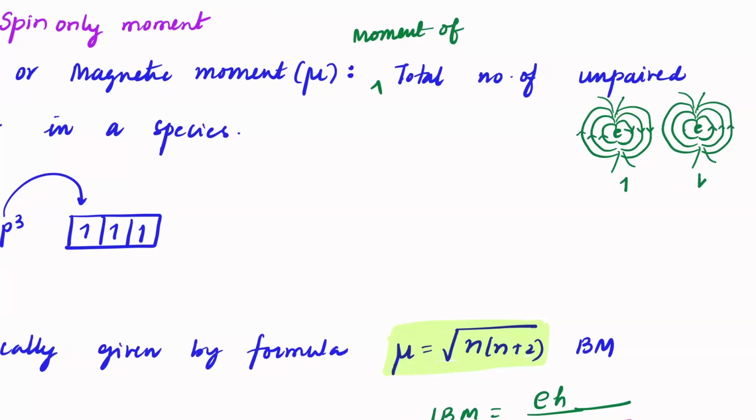Now, if they are close to each other in an orbit, when I bring this electron, you can see one field line is always cancelling the other field line. If you take any particular vector, for example, the field vector is going this way, and for the same direction, the field vector is going here. So you can see what will be the vector sum of these two. That will be 0 because they are opposite to each other.